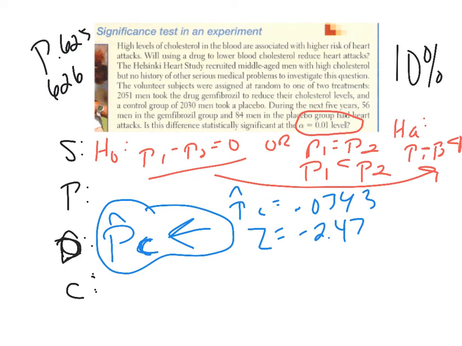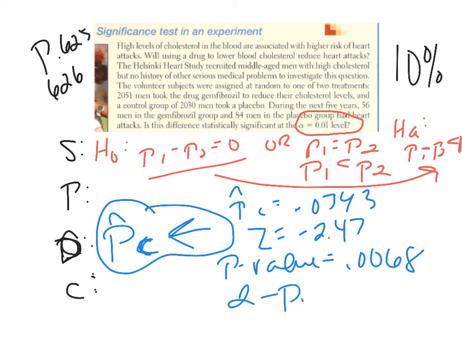You have a p value of 0.0068. So make sure you list all of those things, and you say the name of the technology that you use, the 2-prop-z test on your calculator. And then you would move on to your conclusion there.